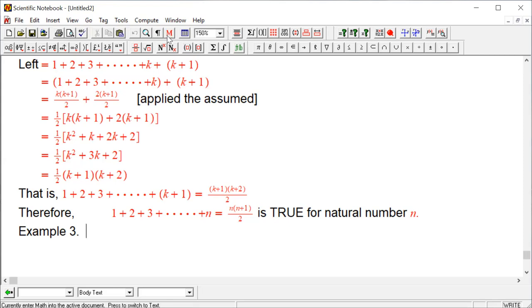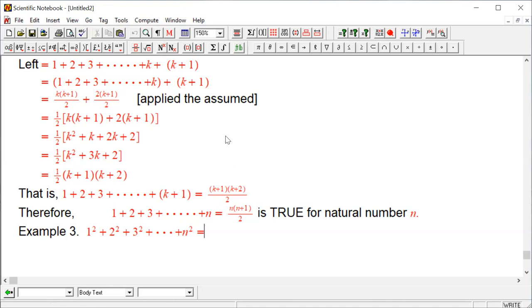The sum of squares of the first n natural numbers. So what are they? 1 squared plus 2 squared plus 3 squared. So you square the first n natural numbers, plus n squared.